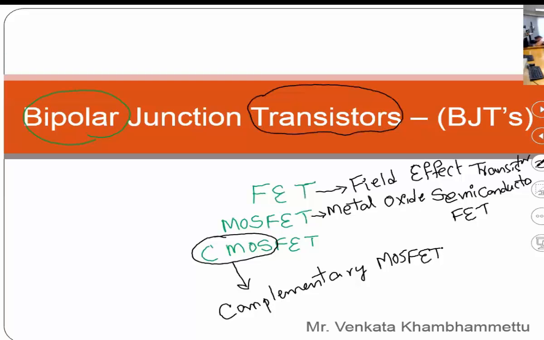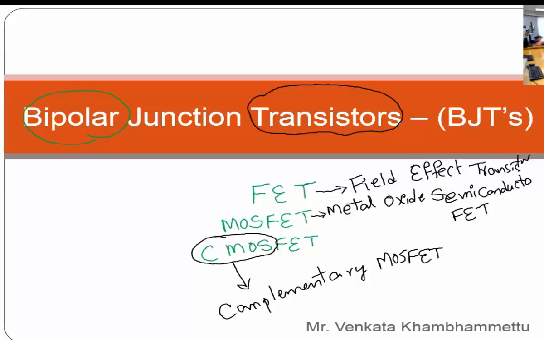Again, there are variations under each one of them. FET has two different types of FETs. MOSFET has two different types of MOSFETs, and so on and so forth. But the operation of the transistor itself is pretty much the same as how BJT operates.